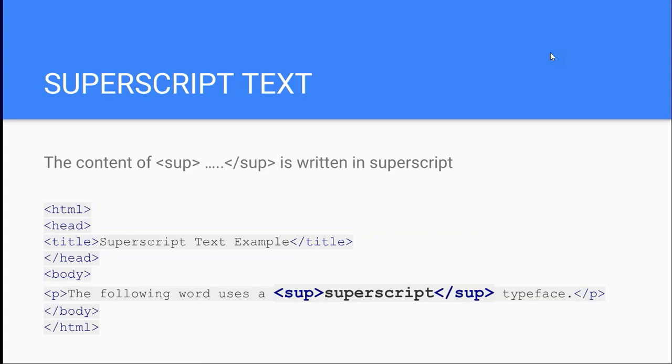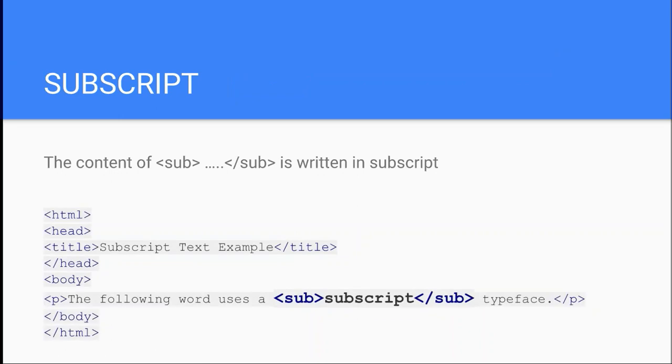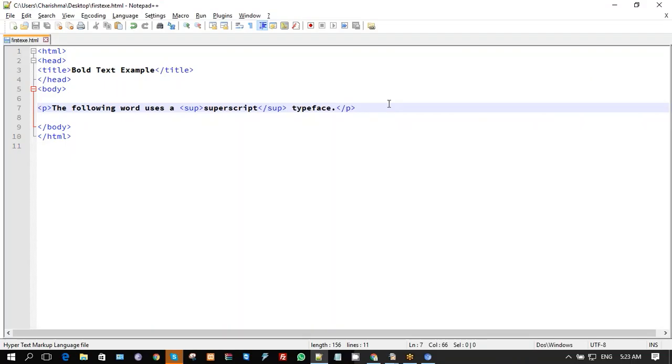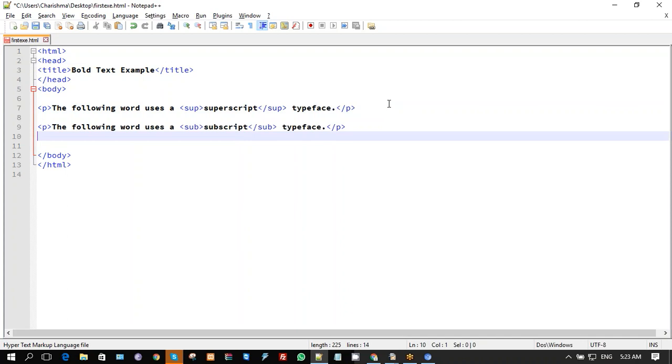And the next one is subscript. It's the same as a superscript, but it appears in a different way. We'll try this program too. I'm writing this subscript code right next to the superscript code that we tried previously, so that you can see the difference very clearly.